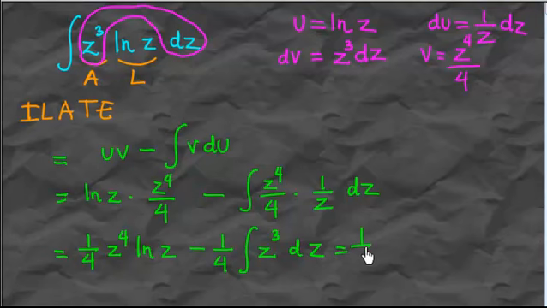So then we have 1/4 z to the 4th natural log of z minus 1 over 16 z to the 4th, and don't forget plus a constant.